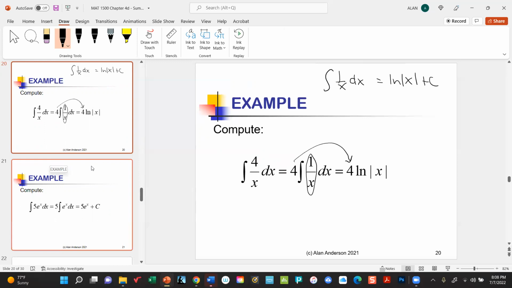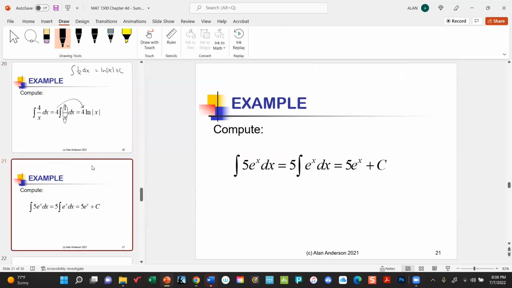Okay. Now, how about this one? Based on similar reasoning, we can move the 5 outside and then, look what we have here. Just don't forget the 5. By the way, you don't have to worry about multiplying the 5 by the constant.